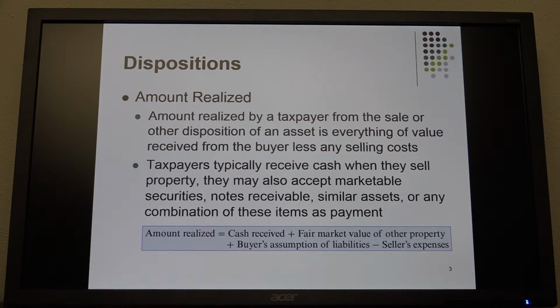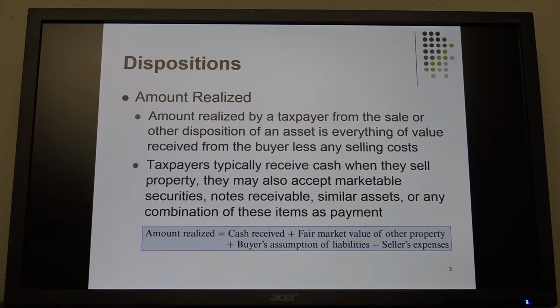Now, why would the buyer's assumption of liabilities be added to the amount realized? Well, let's say I have property, and let's say it's worth $10,000, or excuse me, $20,000. And it's an arm's length transaction, so both parties want to get the fairest deal possible, right?